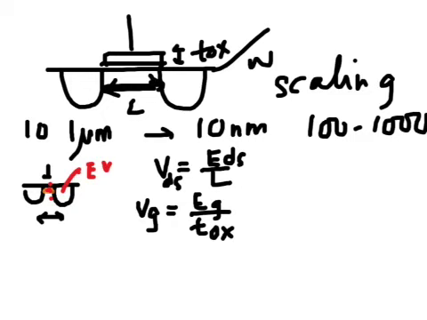The high electric fields in both the lateral as well as the perpendicular direction influence the mobility, influence the motion of free carriers in the channel, and this has effects on the current.